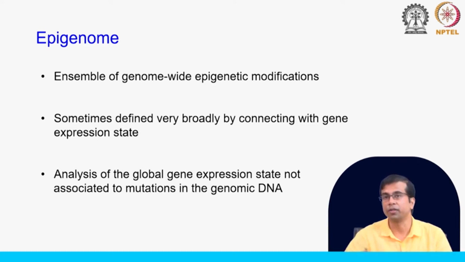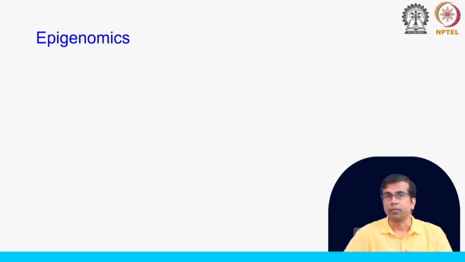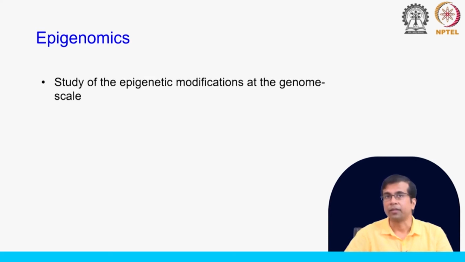If you take mutations out of the picture, because mutations in the promoter regions of a gene will affect the gene expression state, then whatever changes are happening in global gene expression state will be because of the epigenome.